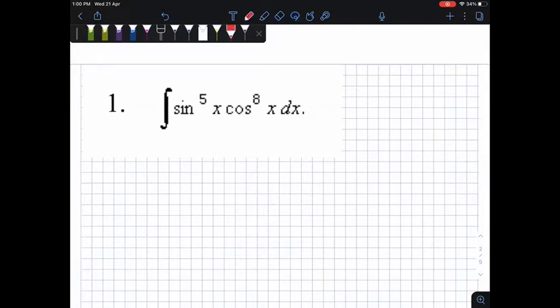We will split off sine to the power of 5 x as the product of 2 factors, so we can write it as sine squared x all squared, and then multiply by cosine to the power of 8 x, leave it now, and then we still have sine x dx.